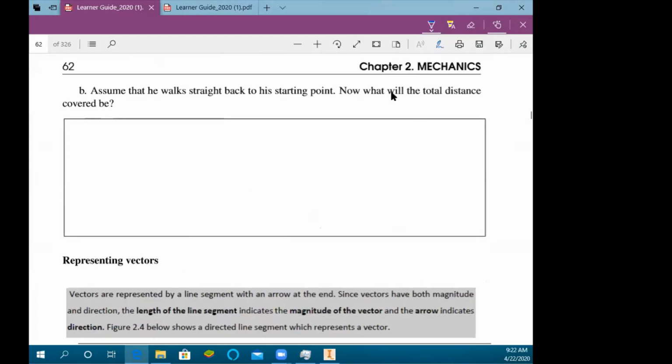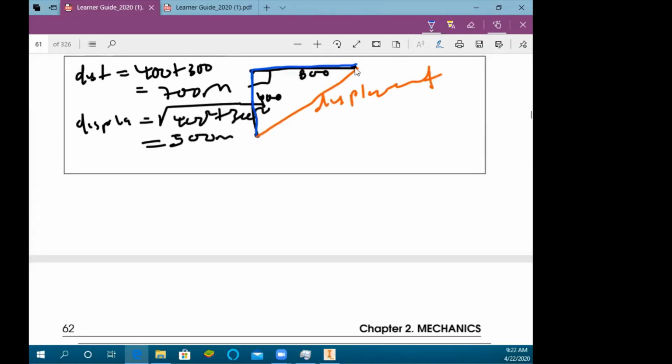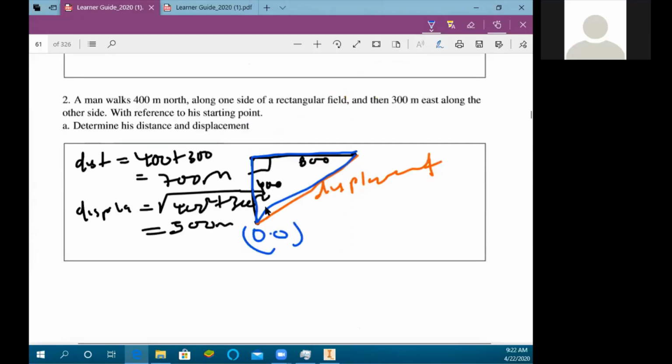But now what? Assume that he walks straight back. You see, straight back. What does that mean? That means from this point, he walked straight back to the original point, isn't it? Yes. So he took the displacement path, right?